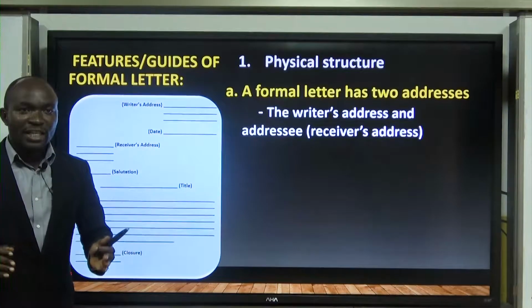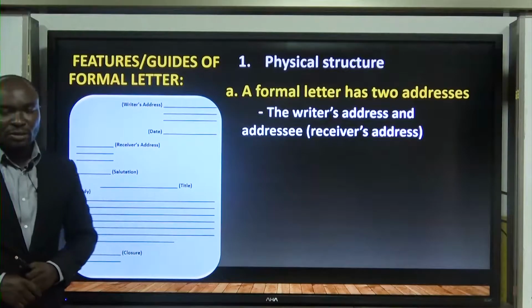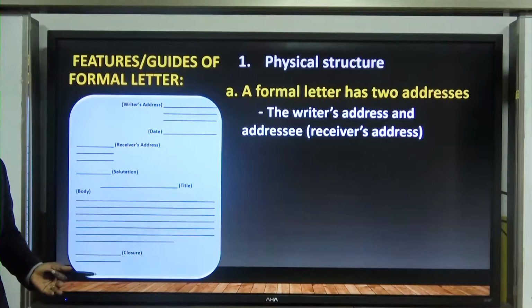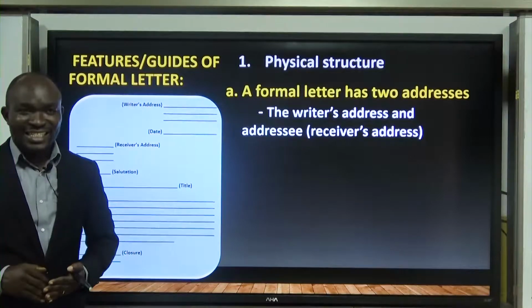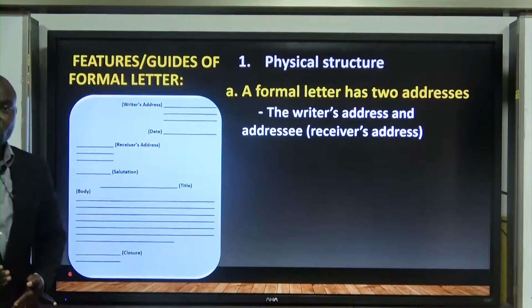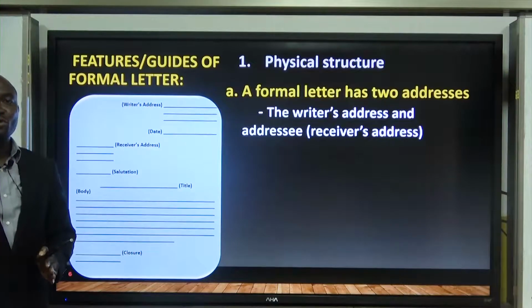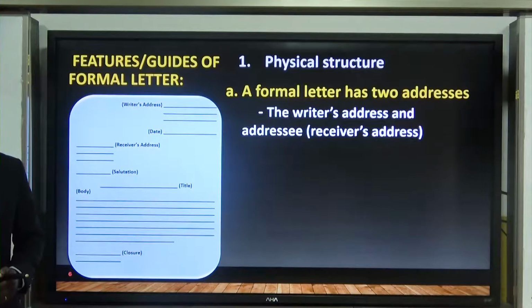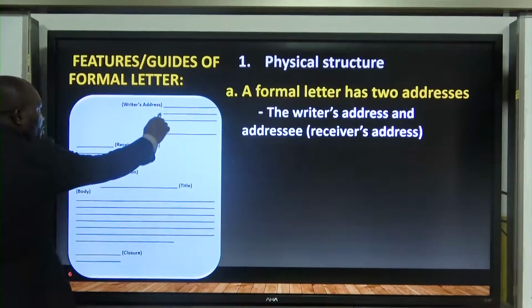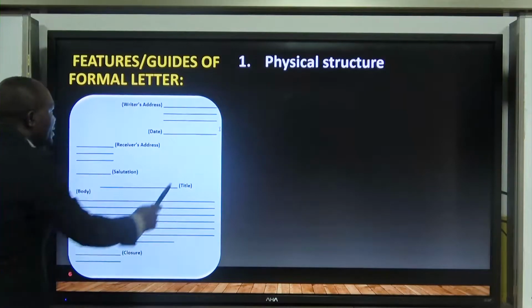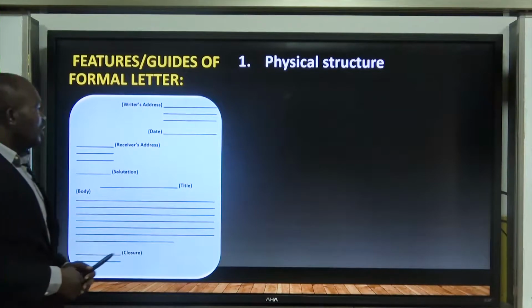There are two what? Addresses in a formal letter. The first address is the writer's address. And many a time we tell you this is found at the top right corner of your paper. This is what we mean. The top right corner of your letter.